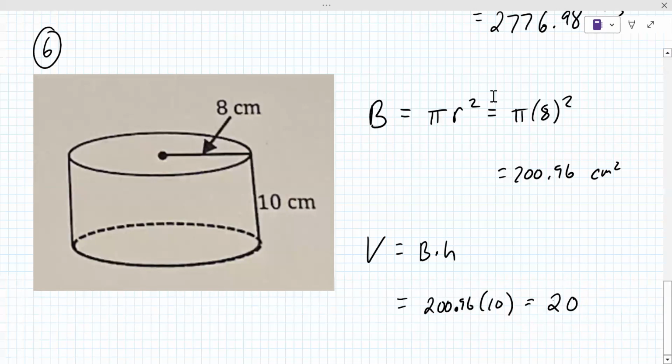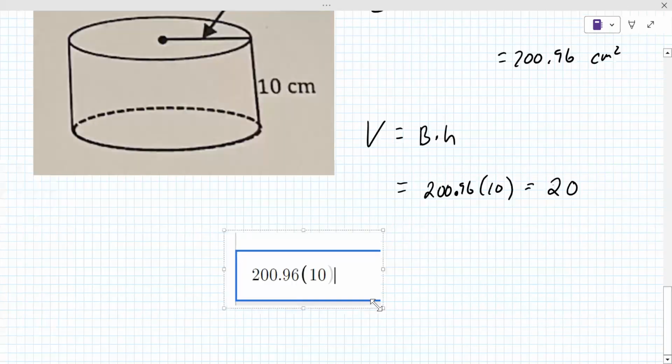Are you using the Desmos scientific calculator today? Okay, so I'm going to ask you to type in exactly what I have here. I'm going to snip it in and I want you to read to me exactly what you see on the right. 2000.96.